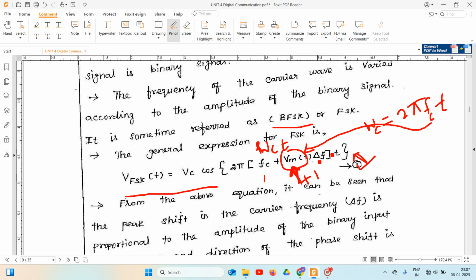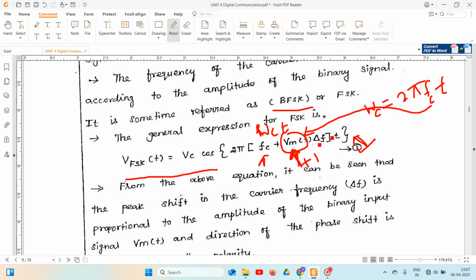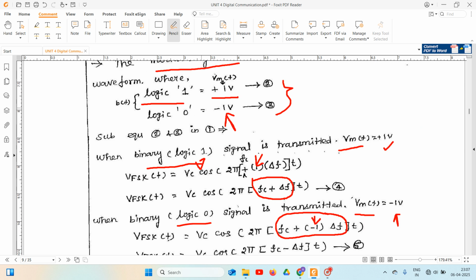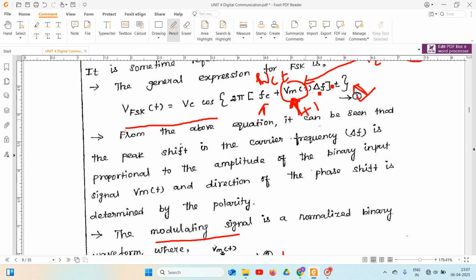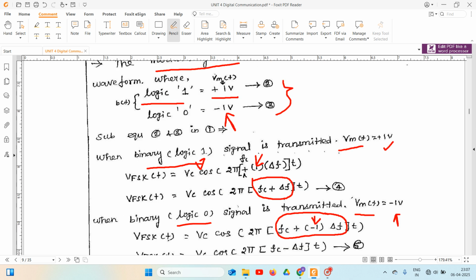This is my carrier frequency, right? If my input signal is logic 1, then my Vm of t is plus 1 volt. If my digital input signal is 0, then my Vm of t voltage level is minus 1 volt. So we are substituting these two equations in equation 1, right?